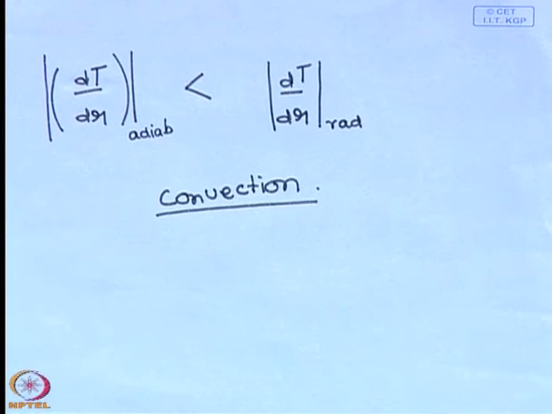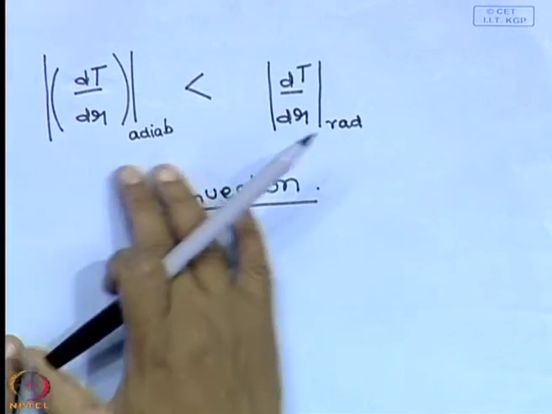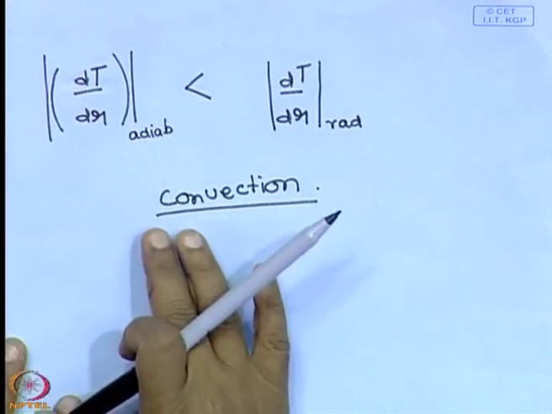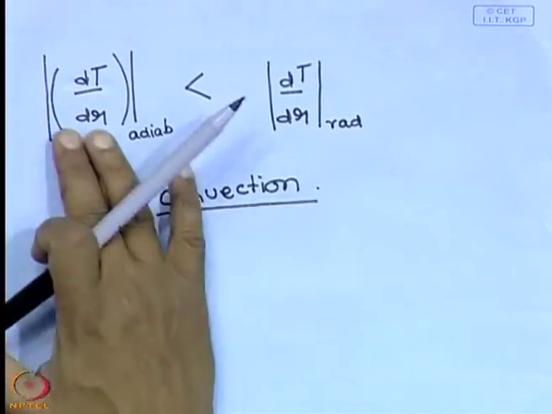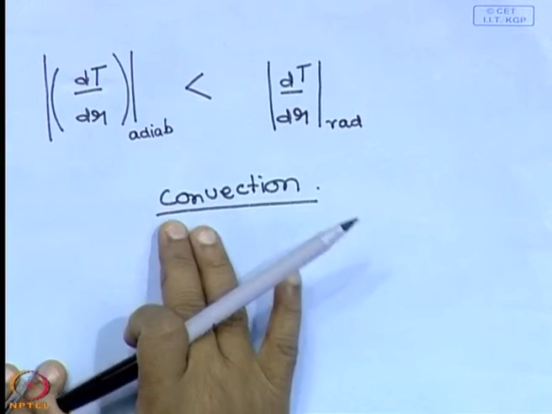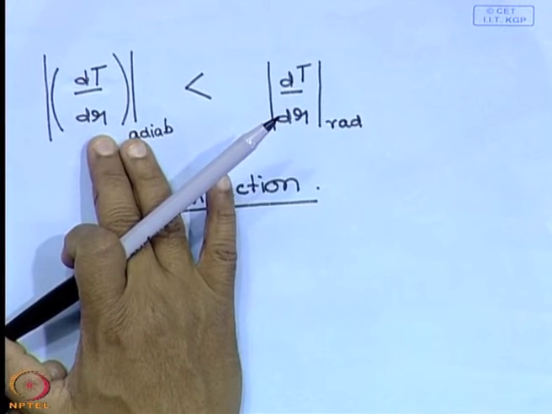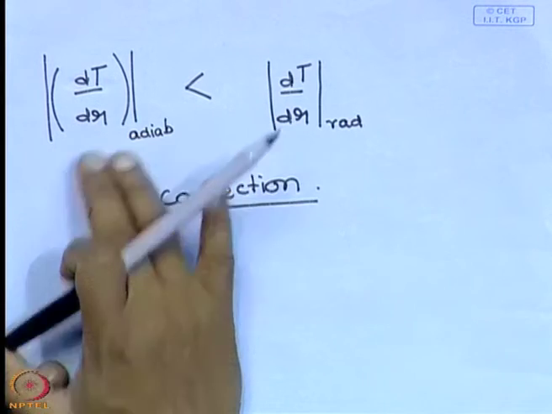Okay. Convection is a more efficient energy transport mechanism. And if convection sets in, then it wins, it takes over. Once this condition is satisfied, convection becomes the most dominant energy transport mechanism. Okay.